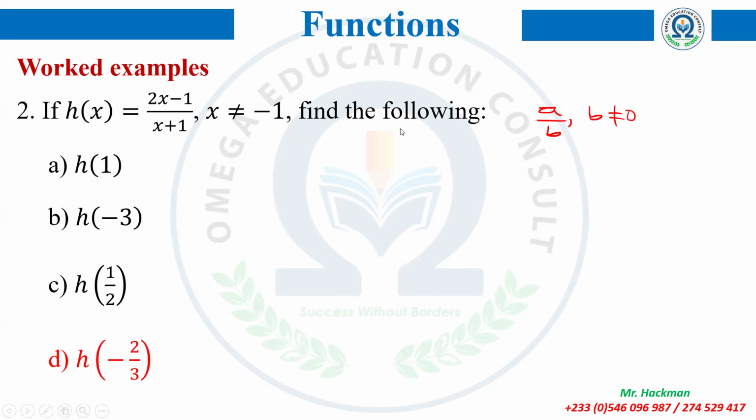Anytime you have a number over another number, we call it a rational number, because A is a number and B also is a number. So you have a numerator number and a denominator number. However, if you have an expression over another expression, it becomes rational what?